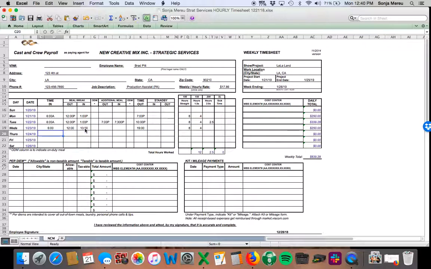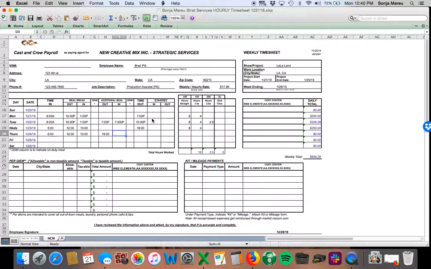Now, just for fun, we'll do what if you wanted to do this longer day in military time. Your in time would still be 6. Your meal break would still be 12, but instead of 1, it would be 13. And then your second meal, instead of 7 p.m., would be 19.